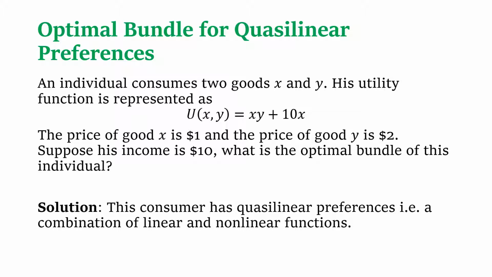So once we have those two, we just divide the marginal utility of good x, which is y plus 10, by the marginal utility of good y, which is x. So we have (y plus 10) over x as the marginal rate of substitution.